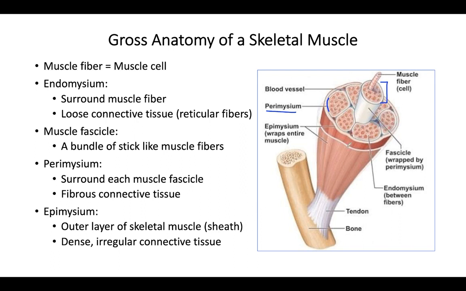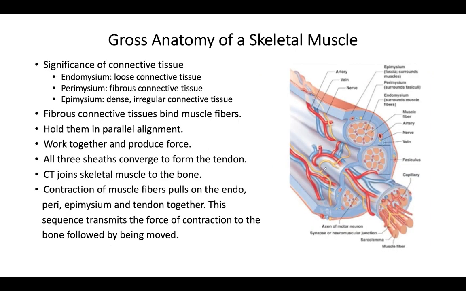That outer layer of skeletal muscle is a dense irregular connective tissue named epimysium. Epimysium wraps the entire muscle. So one more time, this is a muscle fiber, a muscle cell, and outside the muscle cell there's endomysium.